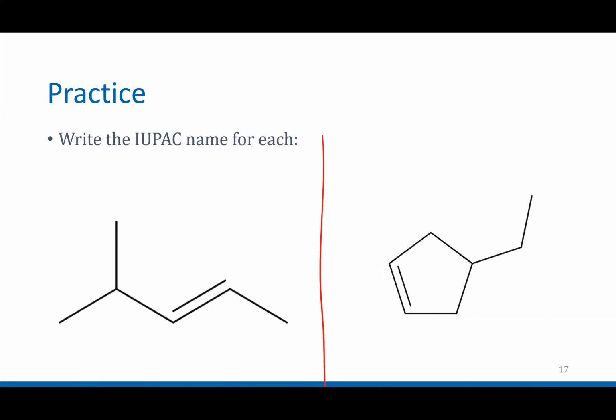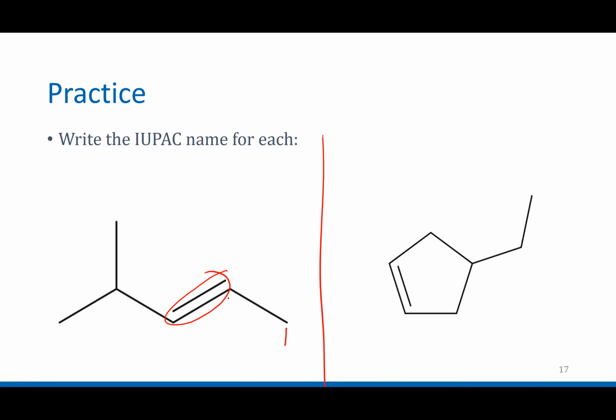Okay, so I'll start with the one on the left, of course. I could number it this way, 1, 2, 3, 4, 5, but I have a feeling that I could get my numbers lower going the other way. Remember, I want the double bond to be the lowest possible number.